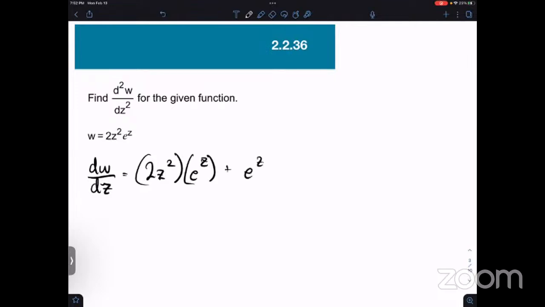When we find the first derivative of w with respect to z, the first is 2z squared, times the derivative of the second. e to the z is its own derivative. Plus the second times the derivative of the first. The 2 comes down and it becomes 4z. We could factor out the e to the z, but then nothing really happens there.